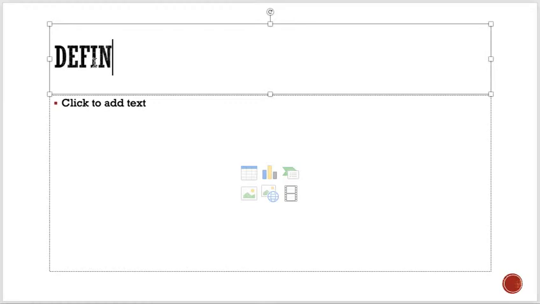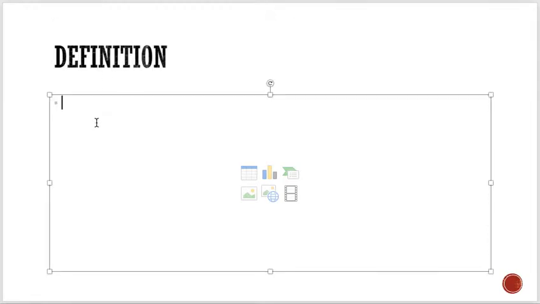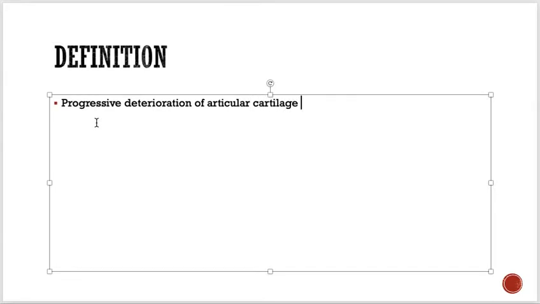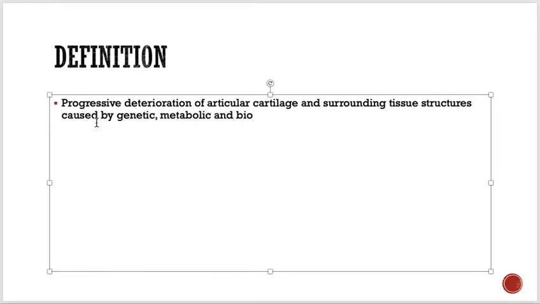Simply, it's a progressive deterioration of articular cartilage, okay, and surrounding tissue structures caused by genetic, metabolic, and biochemical factors with secondary components of inflammation.